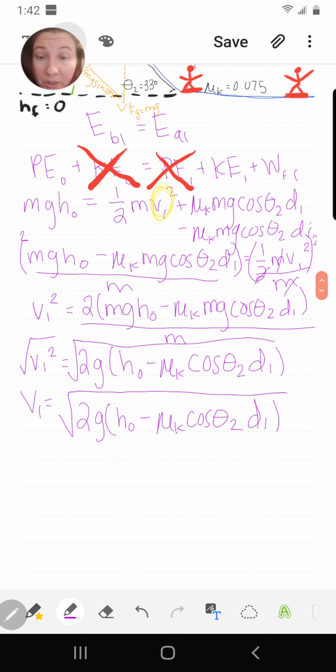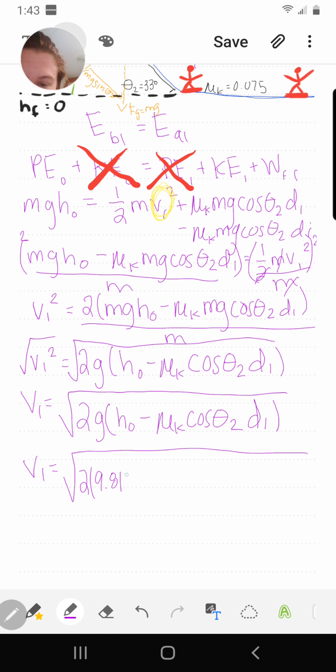Now, all we do is just plug in our numbers. So 9.81 meters per second squared times, what's our height?